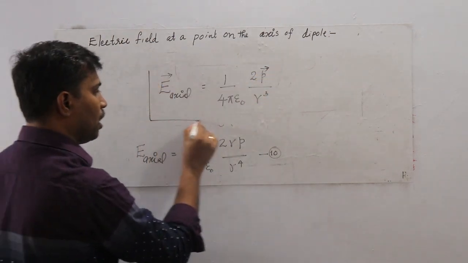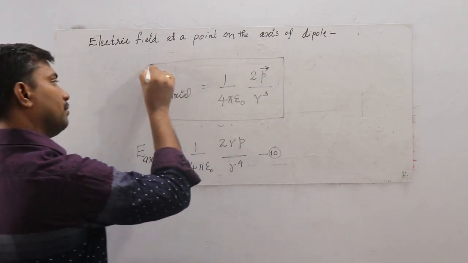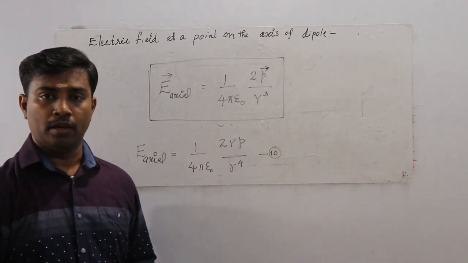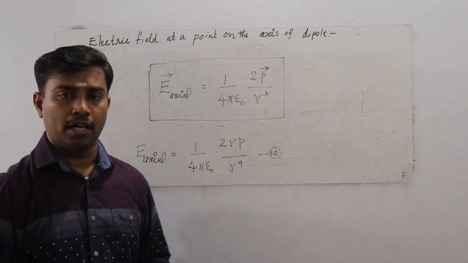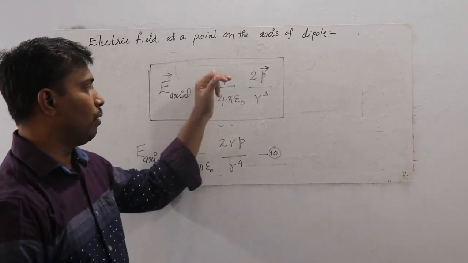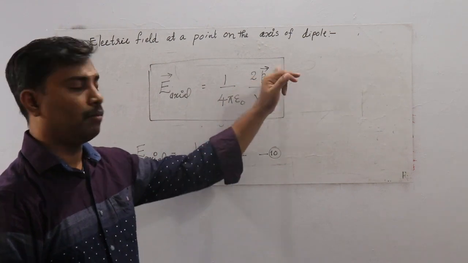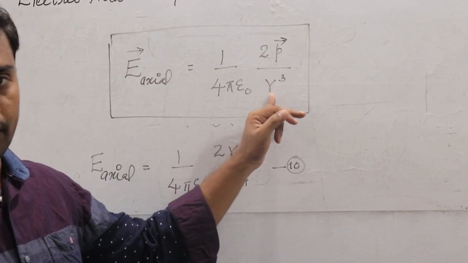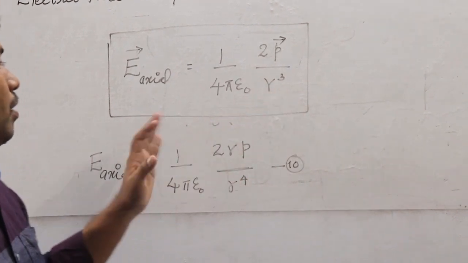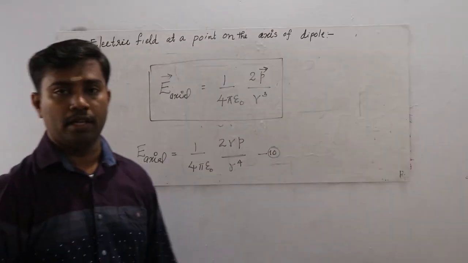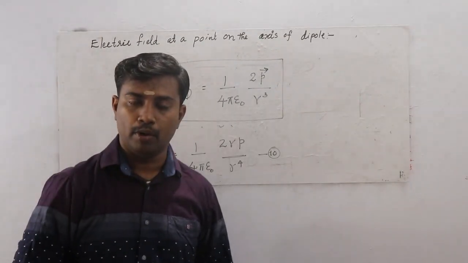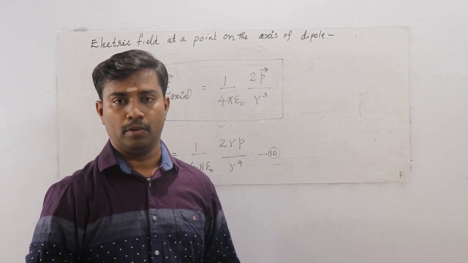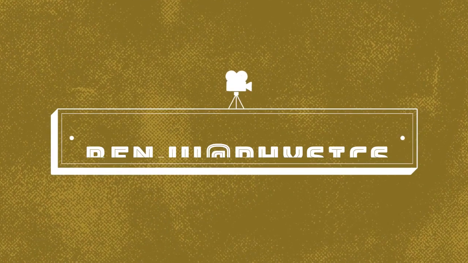So this is the equation for finding electric field at a point on the axis of a dipole. So E axial equal to 1 by 4 pi epsilon 0, 2p by R cube. Here p is the dipole moment and R is the distance from center to the point. Okay, so this is the equation of finding electric field at a point on the axis of an electric dipole.